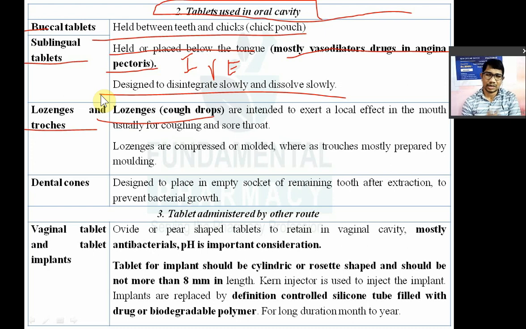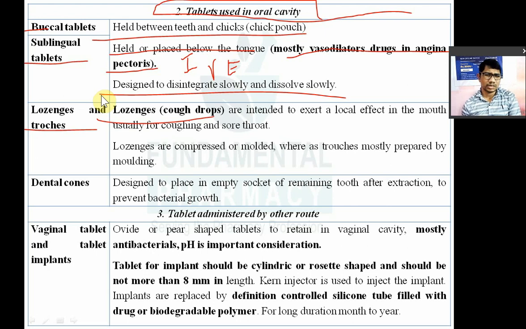If your throat is sore, you take Strepsils, which contains an antibacterial agent, a disinfectant, such as chlorhexidine. Such a dosage form is known as lozenges, meant for the treatment of cough or sore throat.